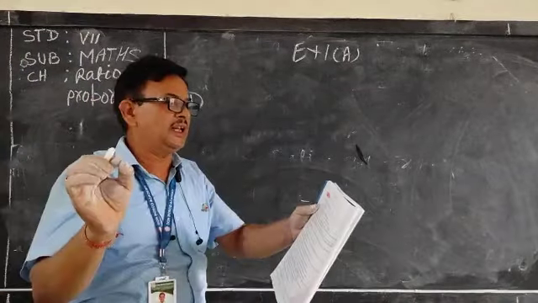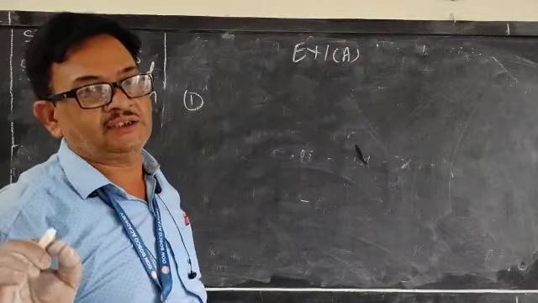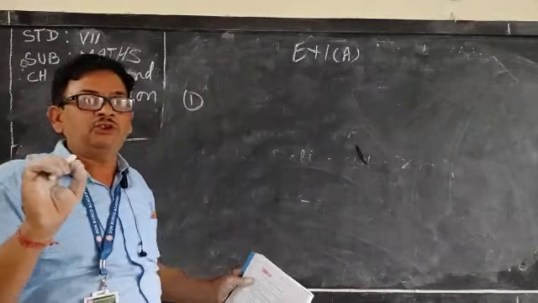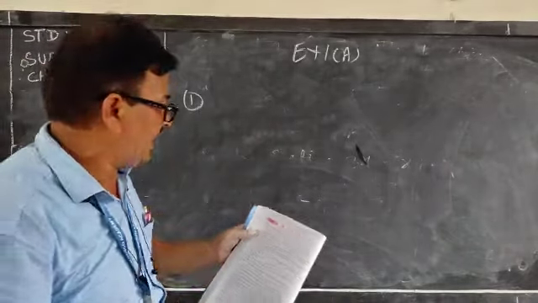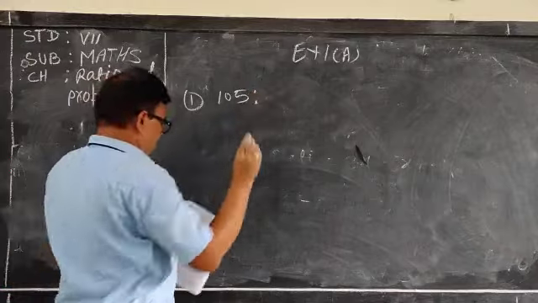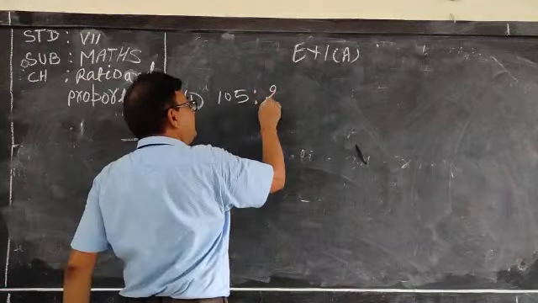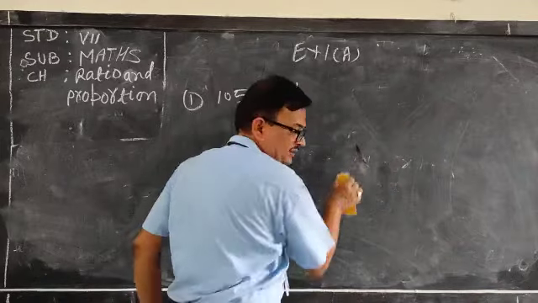Express the following ratios in the simplest form, as I have given instruction. Always write the ratio in simplest form or lowest terms. So the ratio 105 to 231.